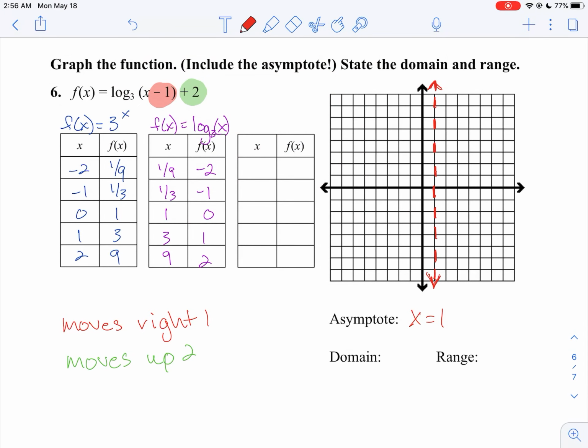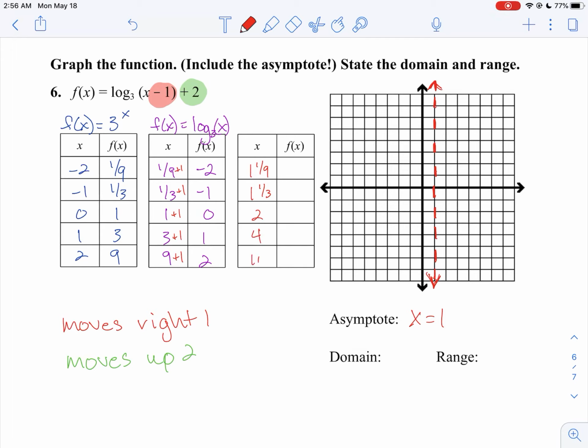So let's think about this for a sec. If we are taking our x values and we are moving them right 1, then that's going to add 1 to each of these values, moving it to the right 1. So I would be at 1 1/9. I will be at 1 1/3. I will be at 2.